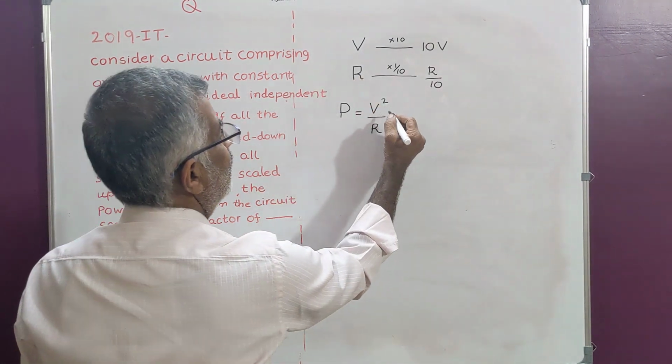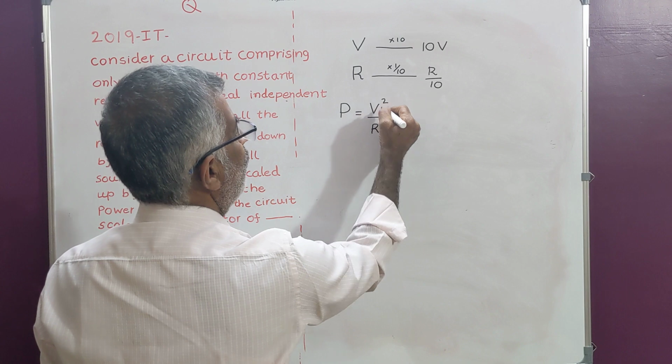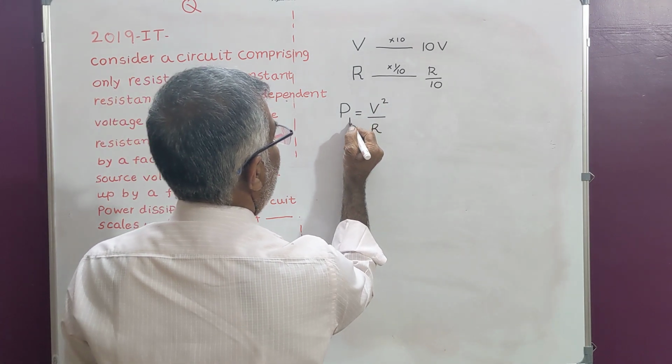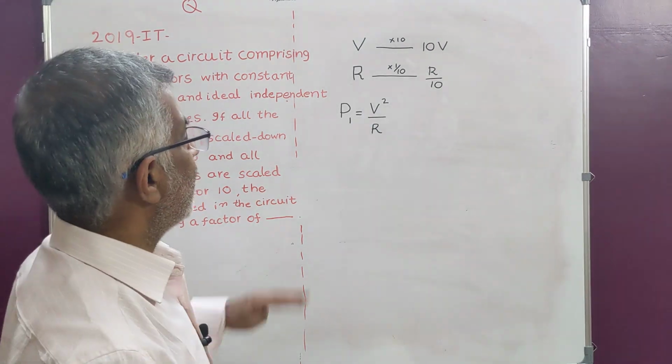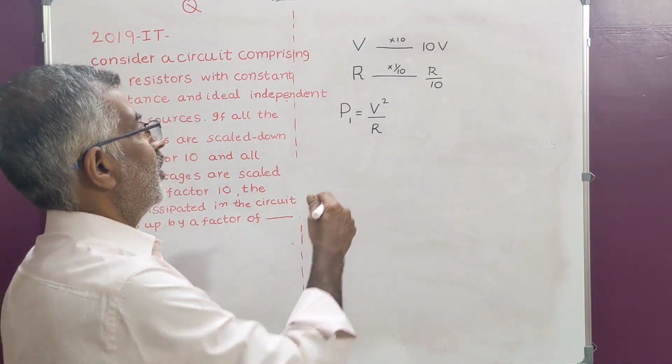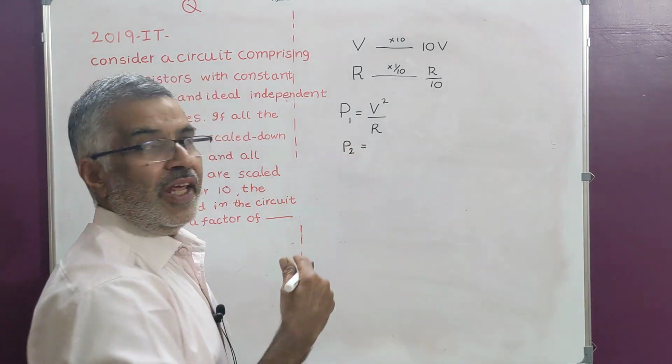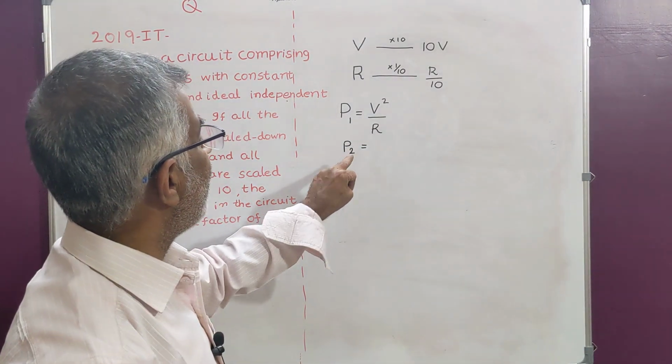Now you substitute. So P is equal to V squared by R. Call the original voltage V1 and the original power P1. Now after scale up and scale down operation, it becomes power P2.